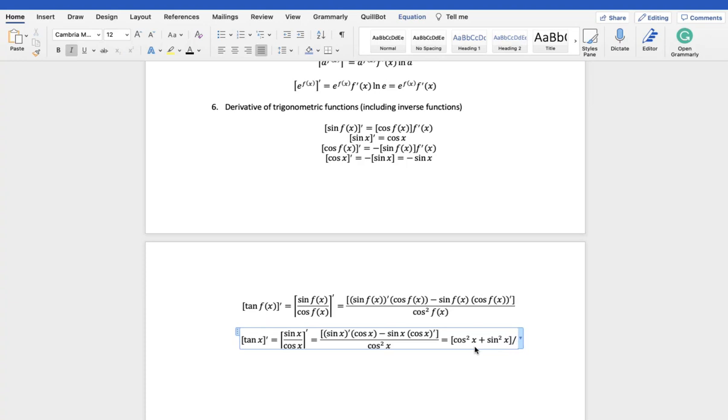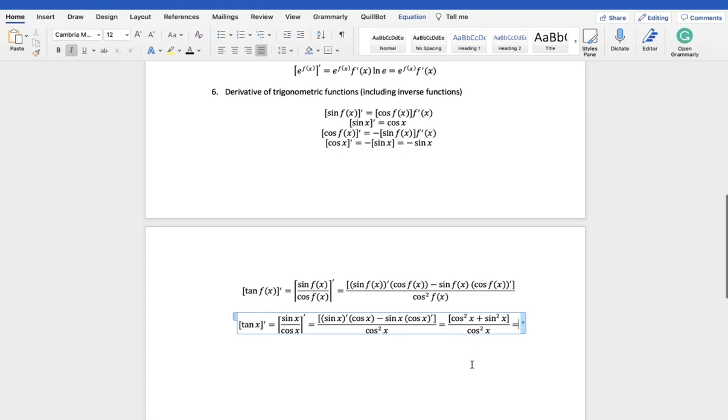And this is all divided by cos squared of x. Remember from your trigonometric identities that cos squared plus sine squared is just 1. That's 1 divided by cos squared of x, which is equal to sec squared of x.